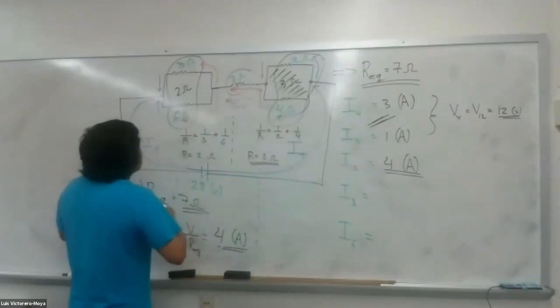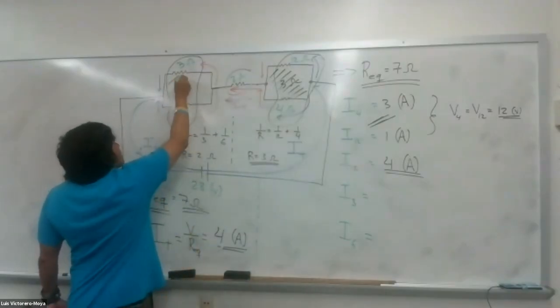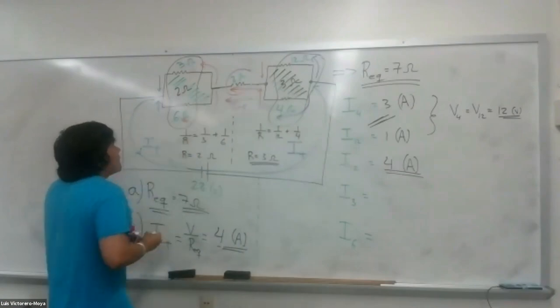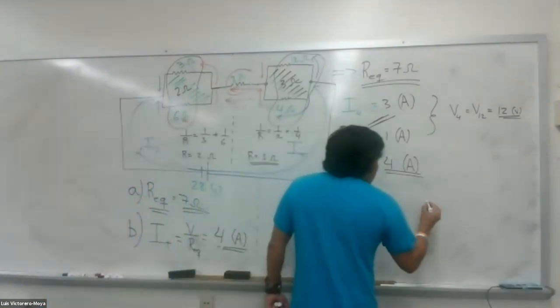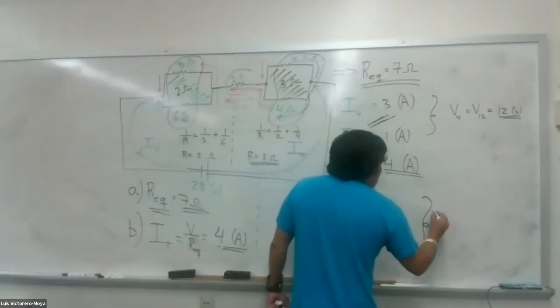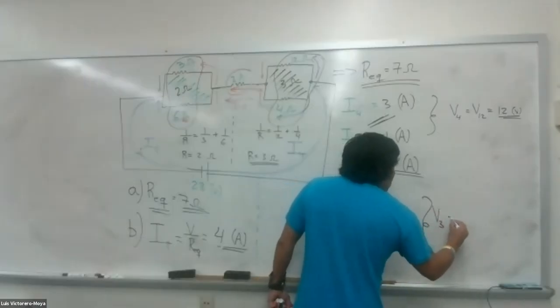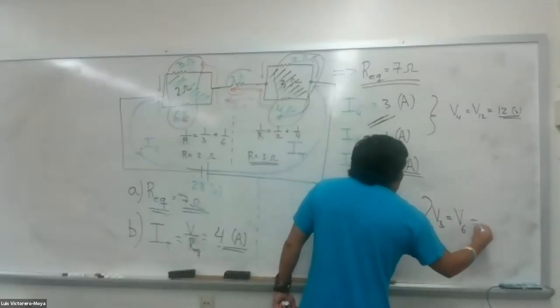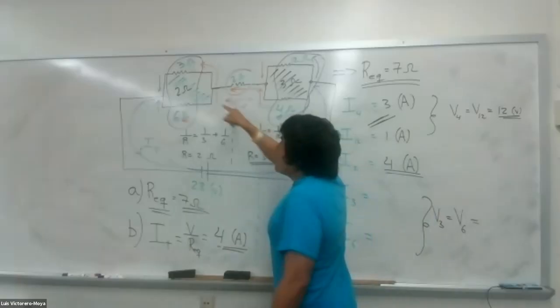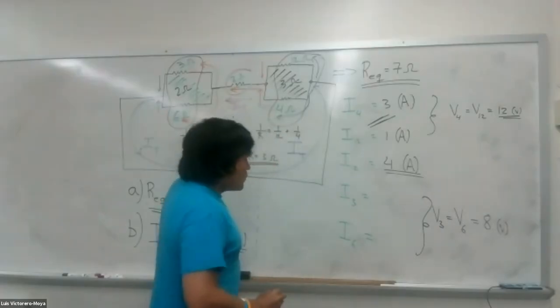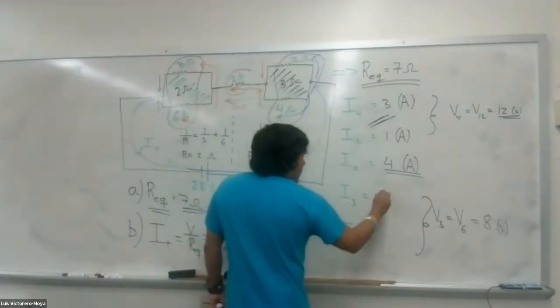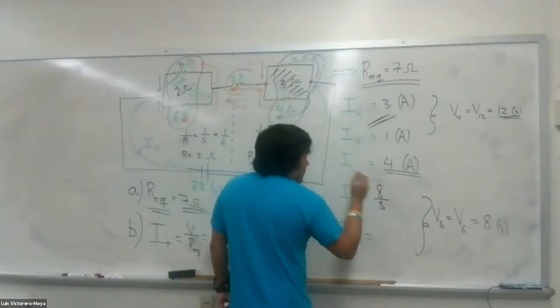On this loop here, I'm going to find the voltage on that loop. 3 and 6 also share the same voltage, which is 4 times 2, 8 volts. So what's the current on 3? 8 divided by 3.